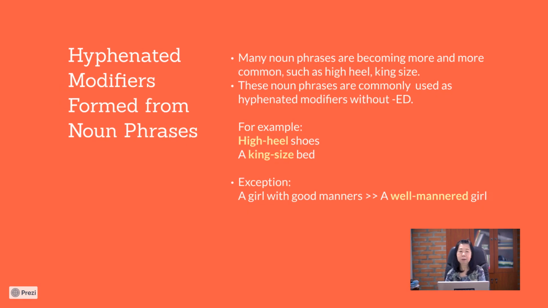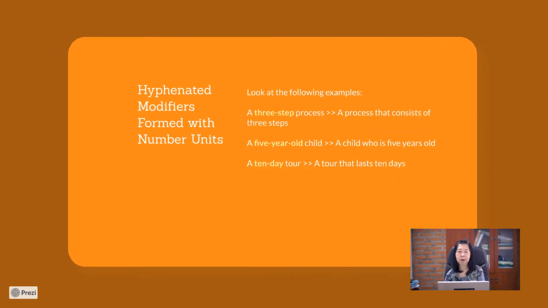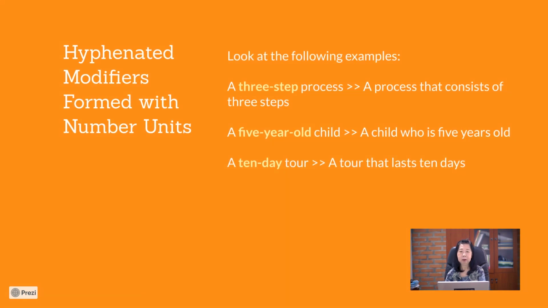Okay, the last form is hyphenated modifiers which are formed with number units. Look at the following examples. A three-step process. This is actually a process that consists of 3 steps. We have number units here.